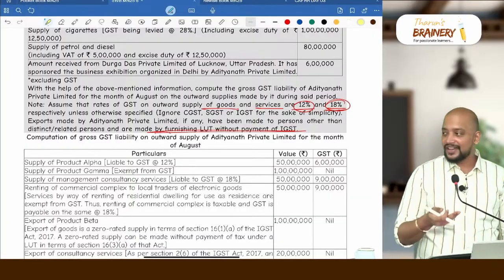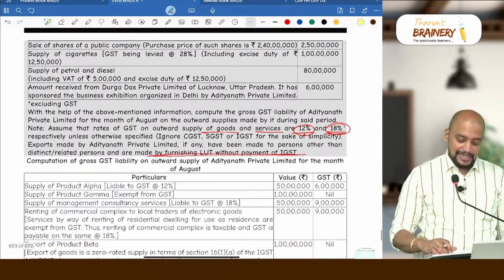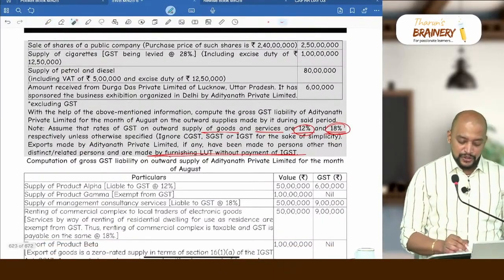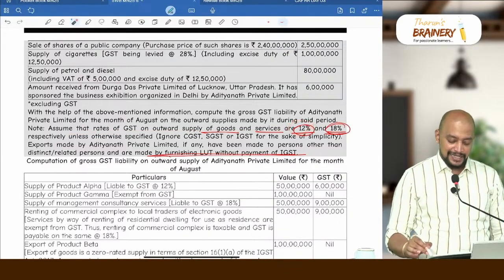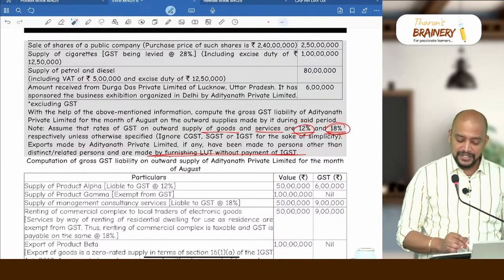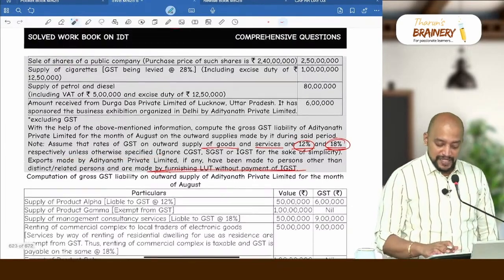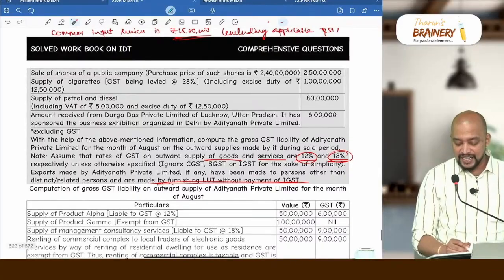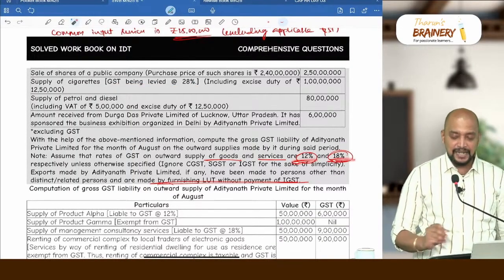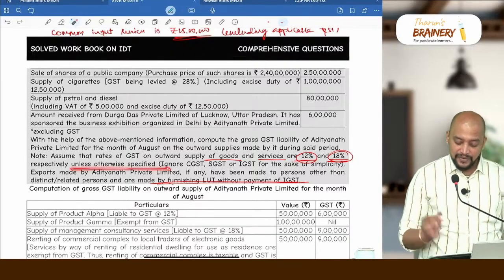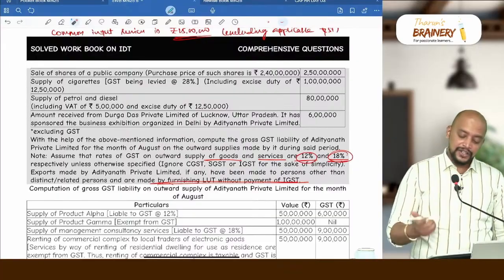But see this note: assume the rates of GST on outward supply of goods and services are 12% and 18% respectively, unless otherwise specified. So is it specified? Yes. GST being levied at 28%. So 12%, 18%, but unless otherwise specified. Here it is specified as 28%. Due to that reason we are taking 28%.